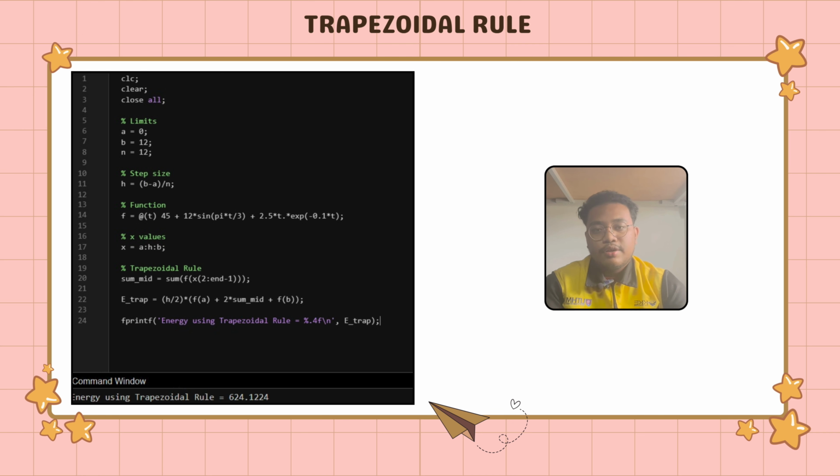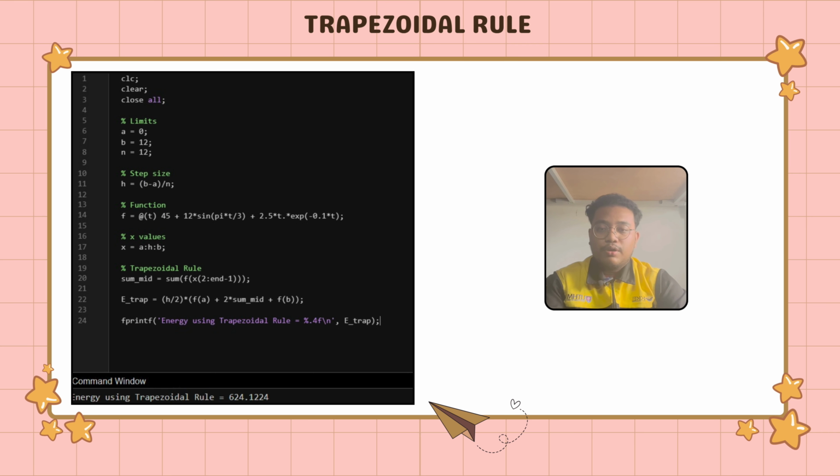Then we put in a function step, our equation: f equals 45 plus 12 sin(pi t over 3) plus 2.5 t e to the power of negative 0.1 t.